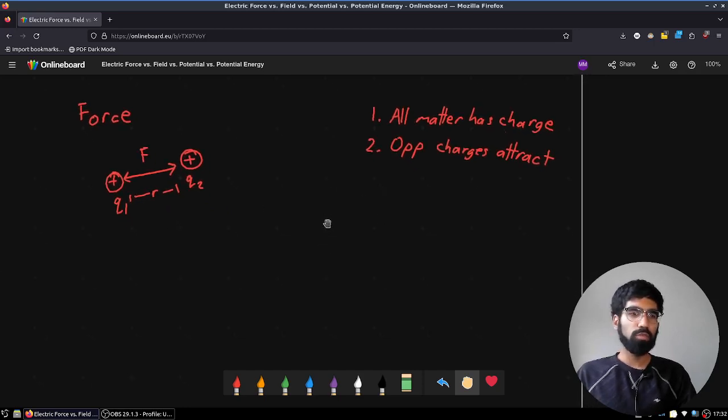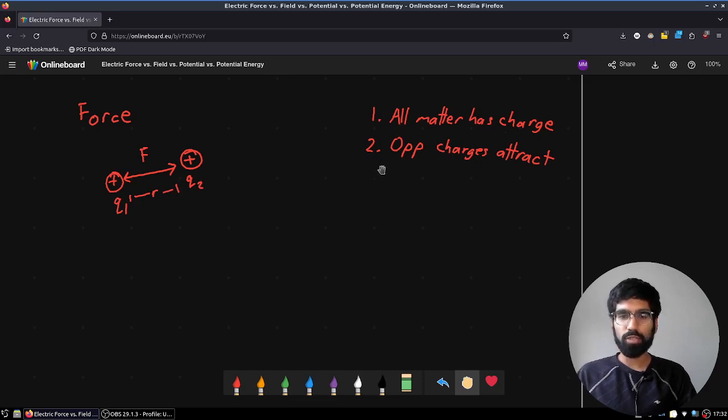Now, before we start reasoning about what this force is, how it works, what properties of it are, we need two fundamental assumptions. Just like we have certain assumptions in math, like 1 plus 1 is equal to 2, we have to follow these assumptions in physics so that we can then go on and reason about the force that would be experienced by these two charges.